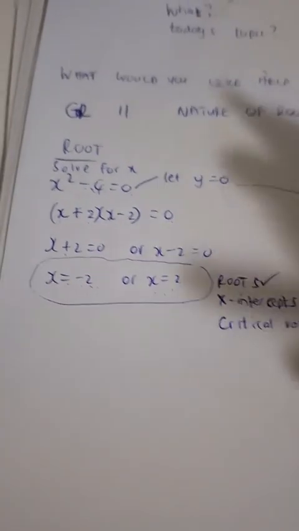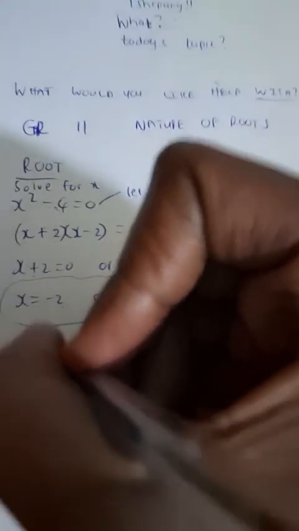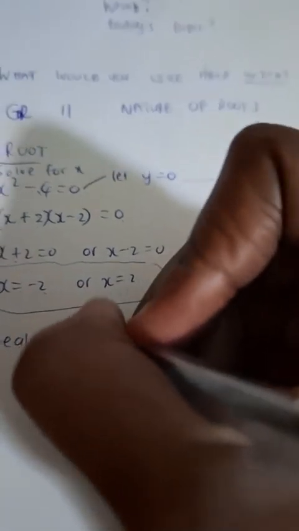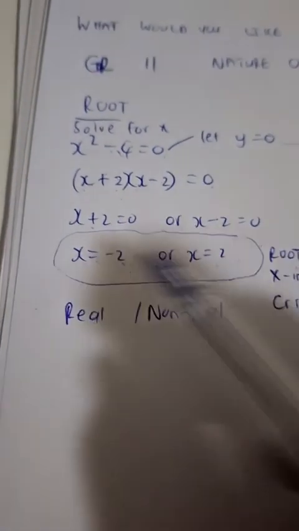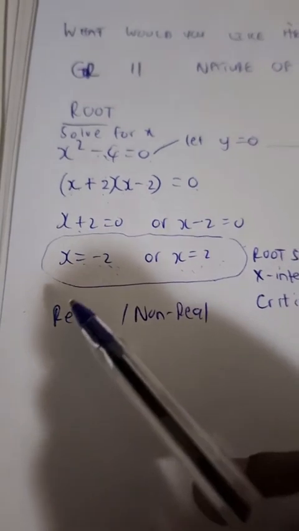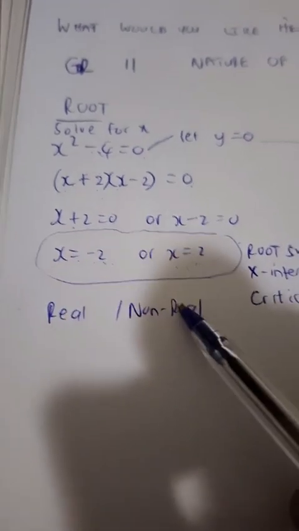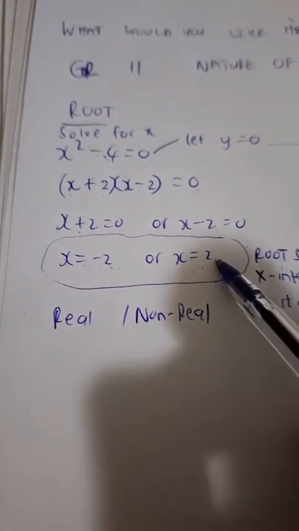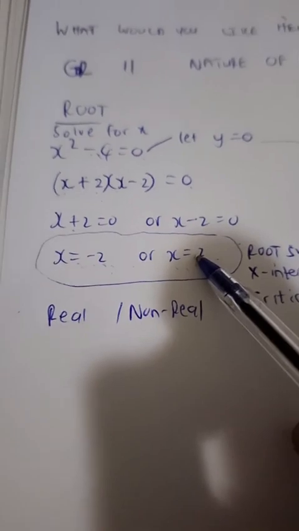Now, these roots, you can comment about under three things. One, are these real or non-real? In other words, are these real numbers? The two solutions that you see there, minus 2 and 2, are these two numbers real or non-real?